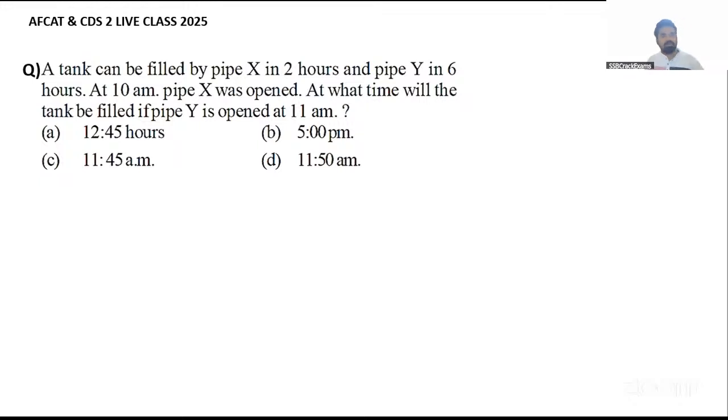A tank can be filled by pipe X in 2 hours and pipe Y in 6 hours. At 10 a.m., pipe X was opened. At what time will the tank be filled if Y is opened at 11 a.m.? Okay. X fills in 2 hours.